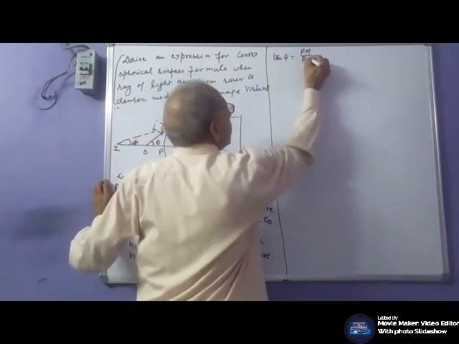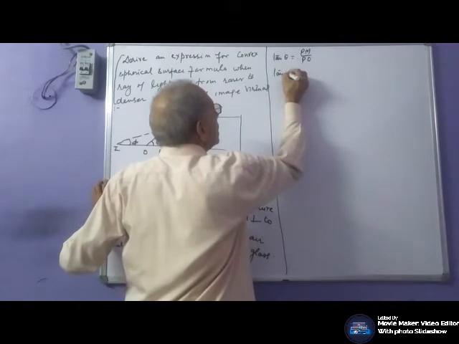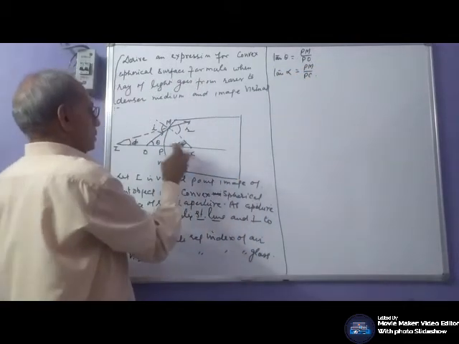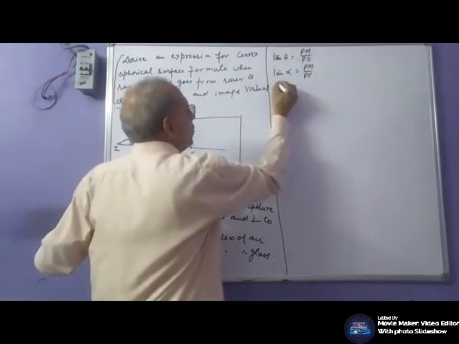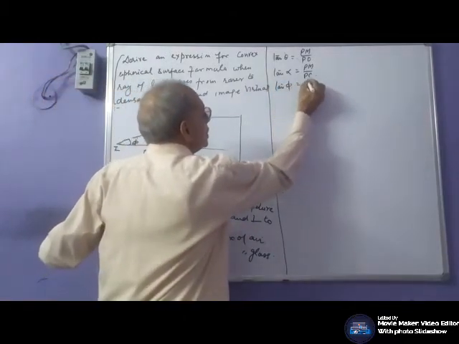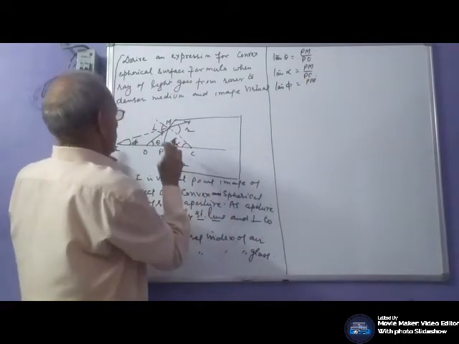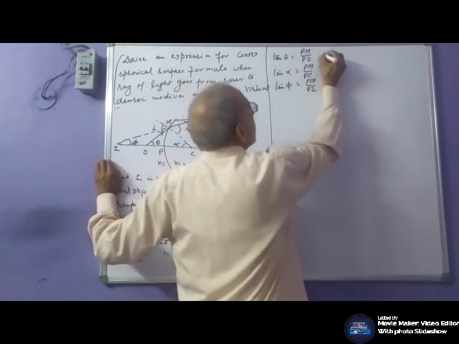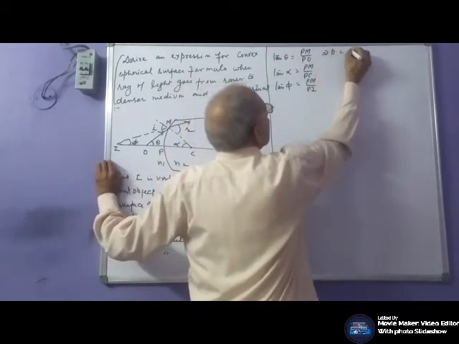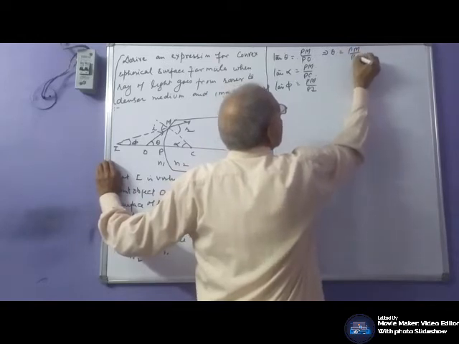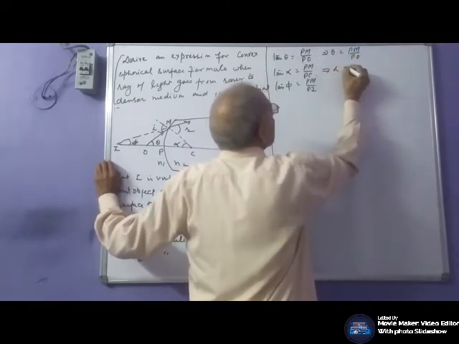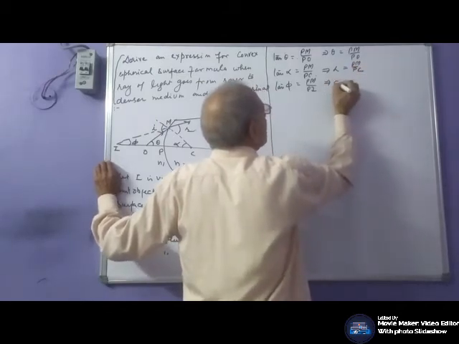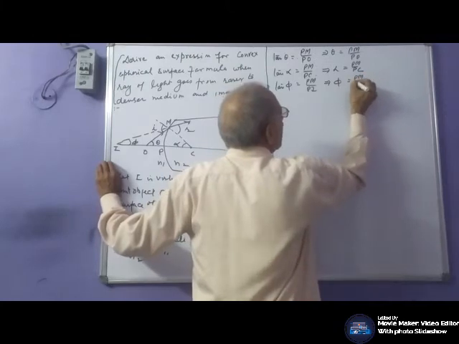Tan alpha is PM by PC. This is alpha. Tan phi is PM by PI. Or theta, PM by PO, or alpha, PM by PC, or phi, PM by PI.